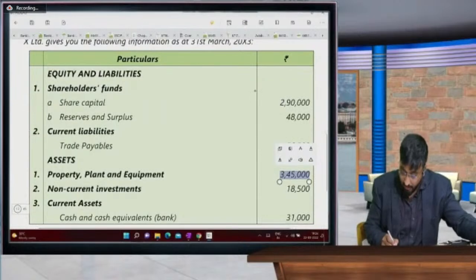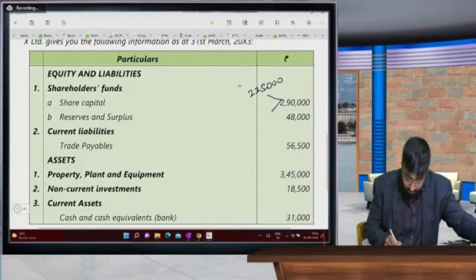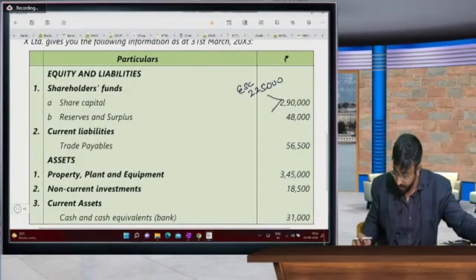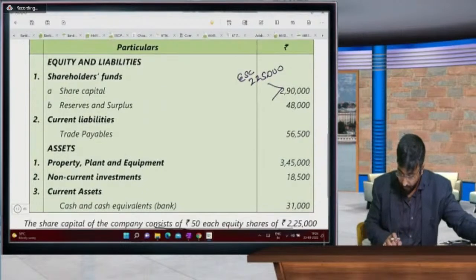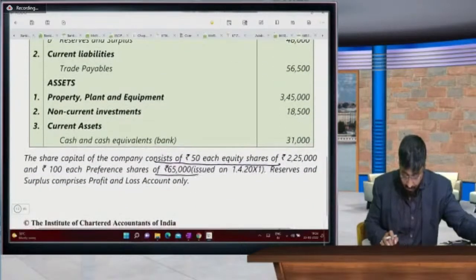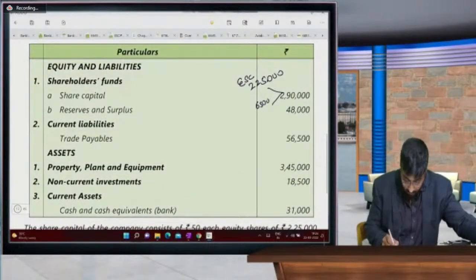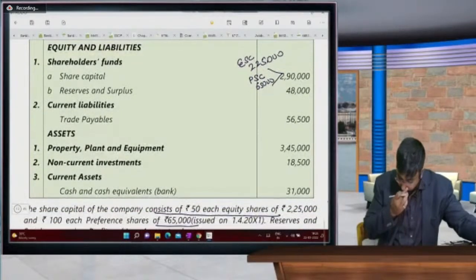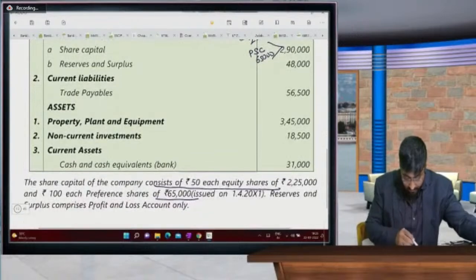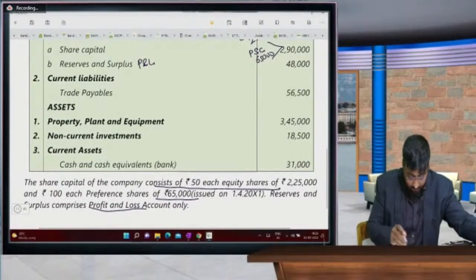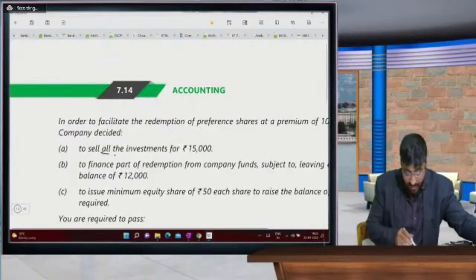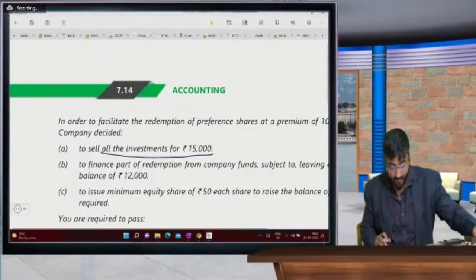So 2,25,000 is equity share capital and preference shares are 65,000. Reserves and surplus 48,000 consist of P&L. To sell investment for 15,000.